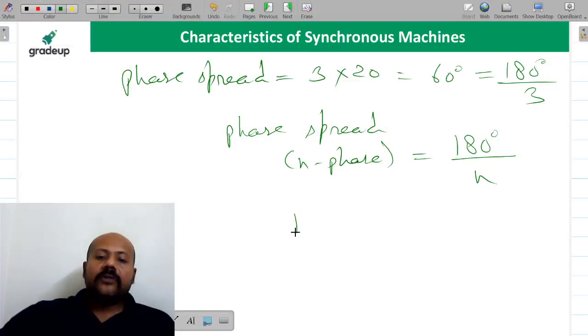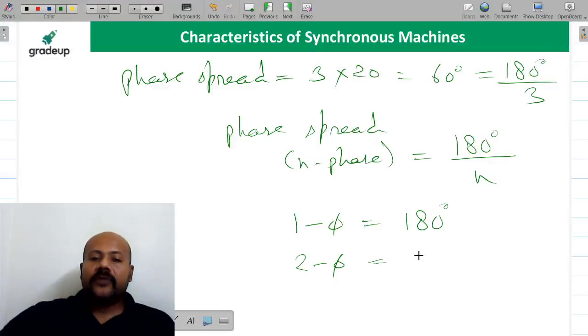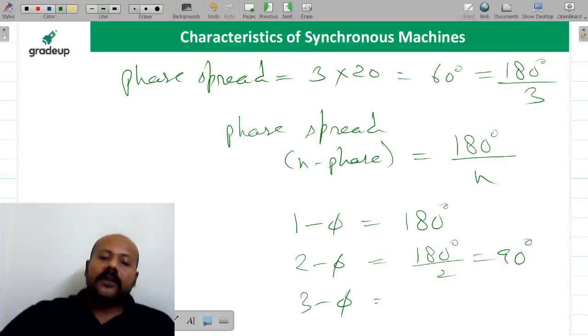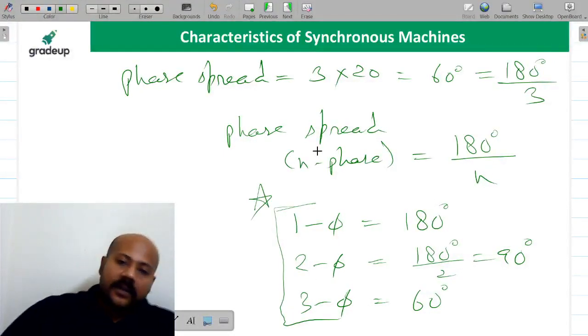Now suppose you want to see it for a single phase. For the single phase, what is going to be phase spread? That is going to be 180 degree. For a 2-phase machine, it is going to be 180 degree divided by 2, that is 90. If it is a 3-phase machine, this is going to be 60 degree. Now you remember this point, this is phase spread.